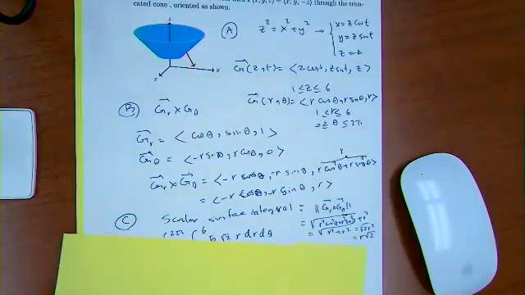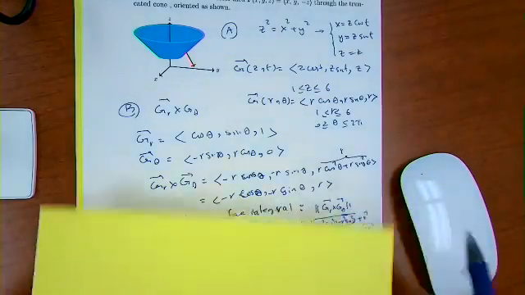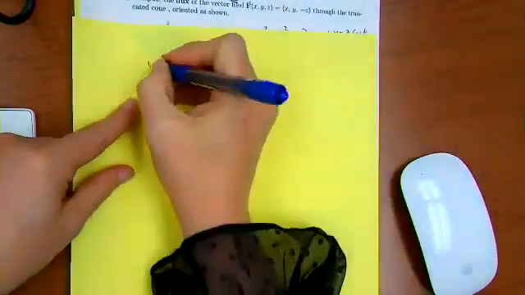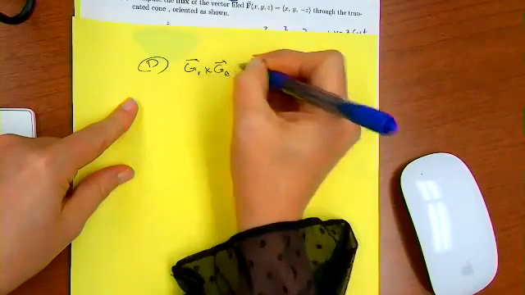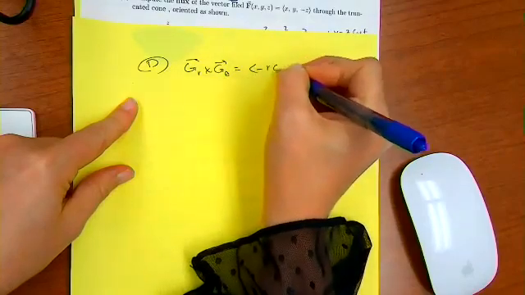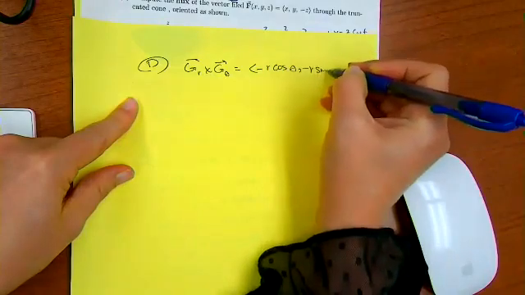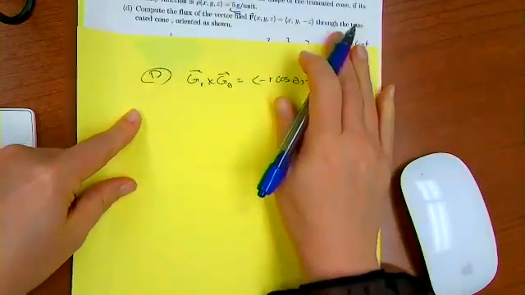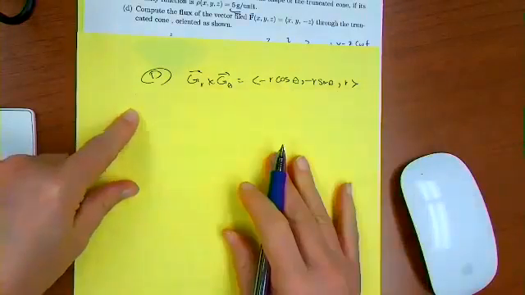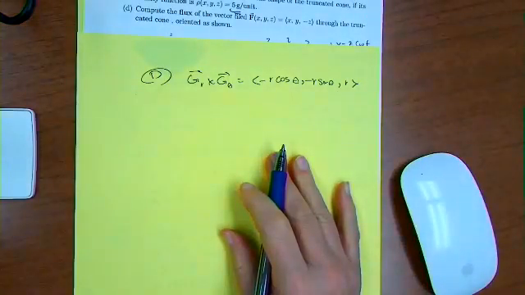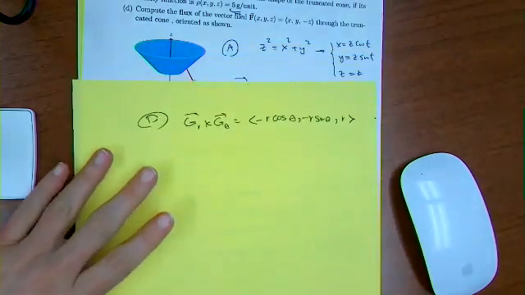And let's remember that is the minus r cosine theta, so G sub r. For d, remember G sub r cross G sub theta is negative r cosine theta, negative r sine theta, and r. This one says find the flux in the direction shown of that vector field.